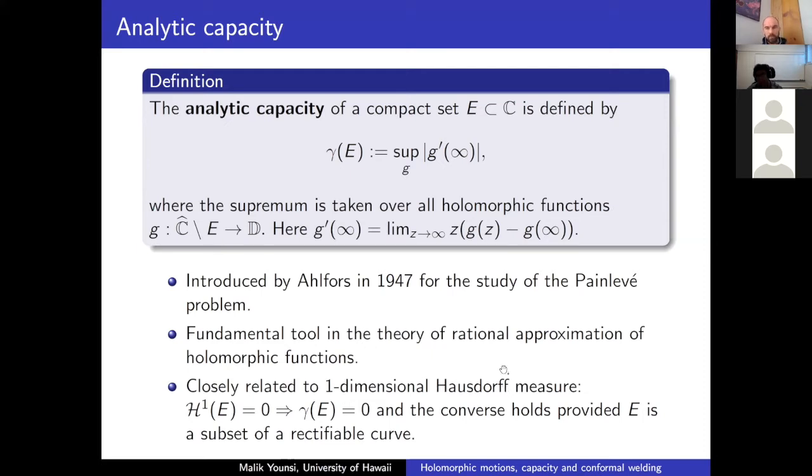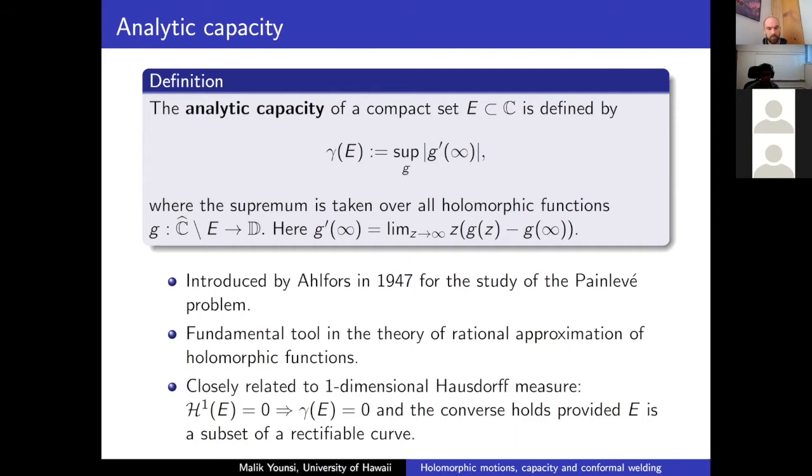And the converse is false in general, but it does hold provided the set is contained in some nice curve, a rectifiable curve, for instance, a smooth curve. Okay? So just keep that in mind: for subsets of a rectifiable curve, one-dimensional Hausdorff measure 0 is the same as analytic capacity 0. And this is really all that we're going to need today about analytic capacity.